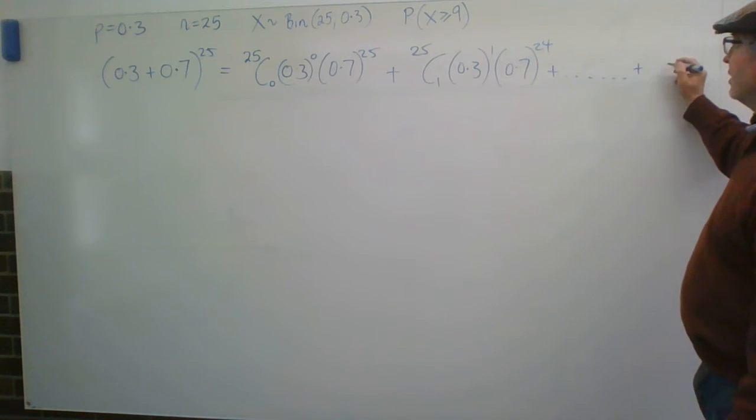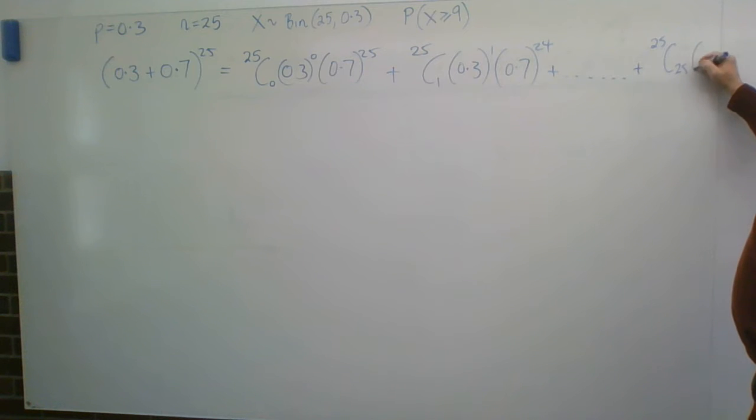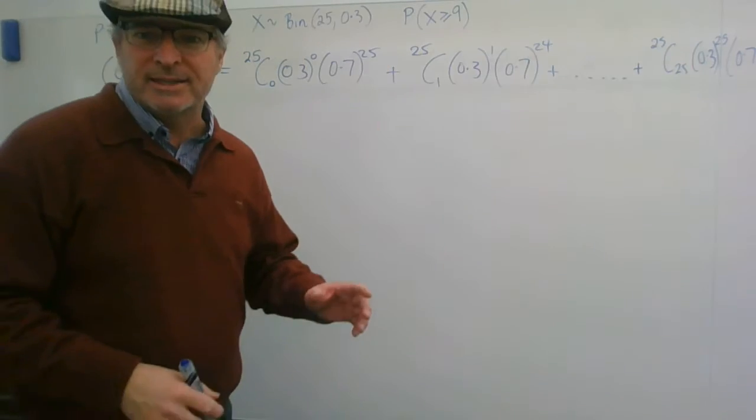All the way along to the last one, 25C25 times 0.3 to the 25 and 0.7 to the 0. There's 26 of those.